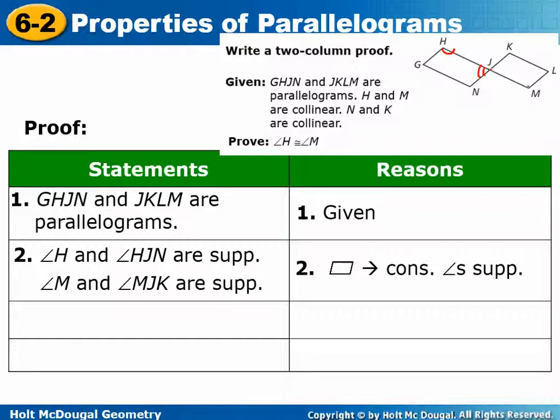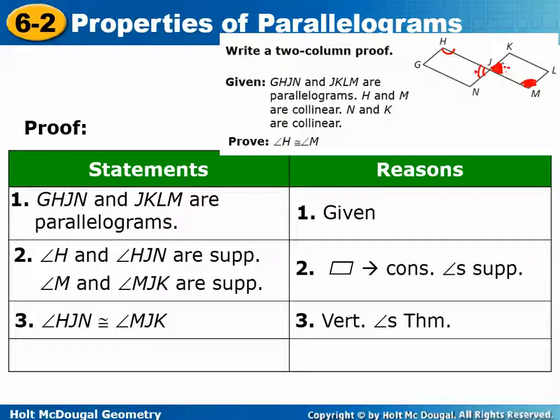But we also know that angle M will be supplementary to, I don't want to use the same markings, but this one and this one are going to be supplementary for the same reason. It's also a parallelogram. But we know that these two angles are equal to each other by vertical angles.